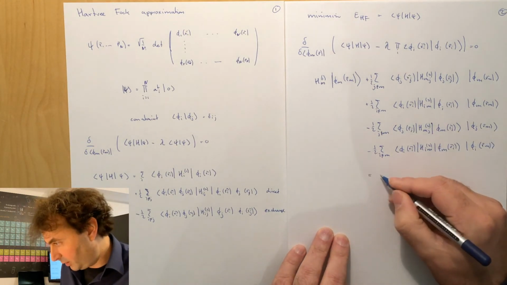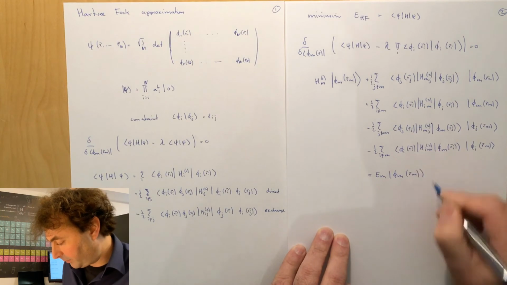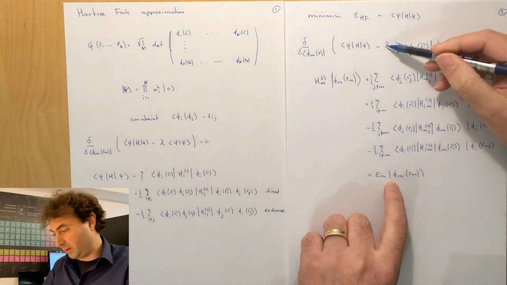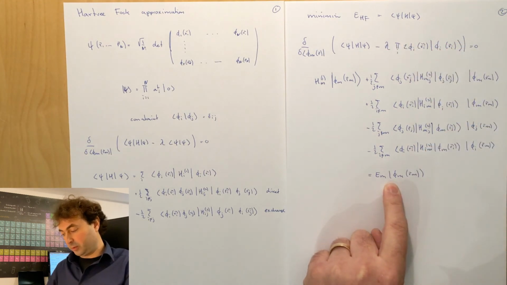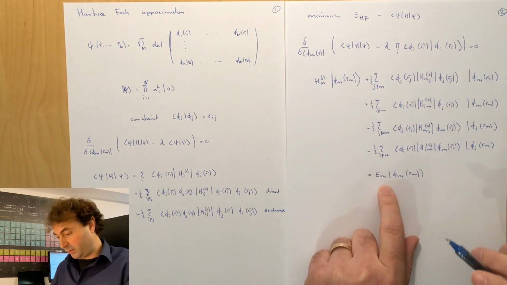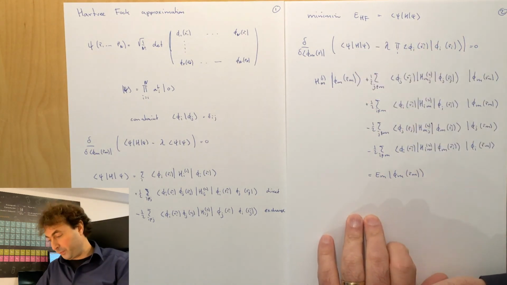And this has to be equal to em psi m rm, which is basically the constraint minus lambda, and lambda is equal to em, such that we get the eigenvalue equation for our Hamiltonian.